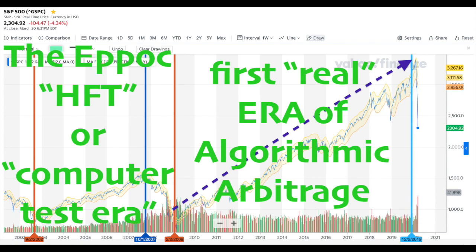It wasn't really mainstream, and so this next era is the first real era of algorithmic arbitrage. This still includes HFT, high frequency trading, and computers and algorithmic trading in general, but it's something slightly different, something called arbitrage.